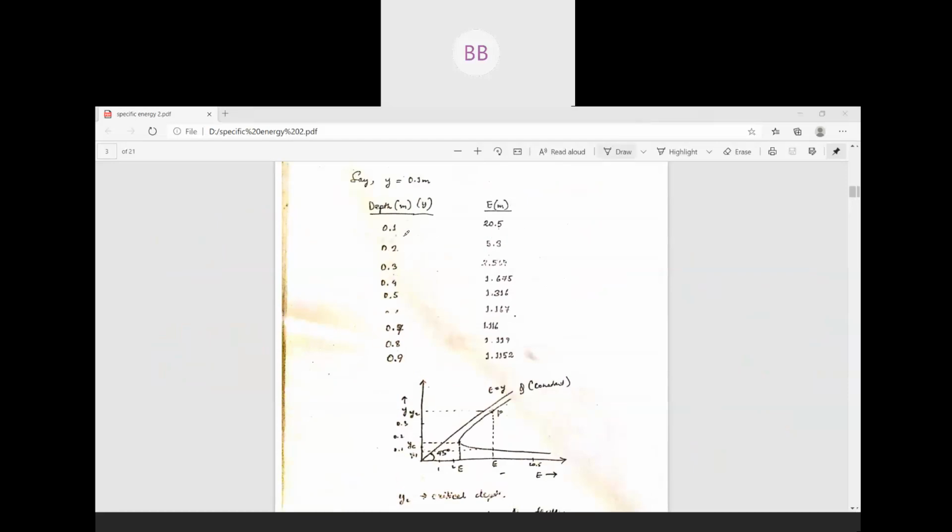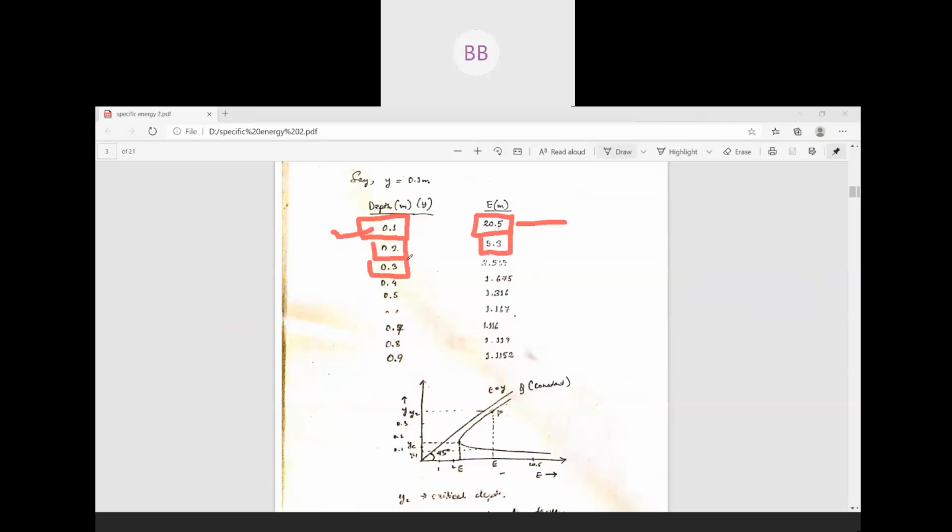What you are going to get when you draw the graph: when your depth is 0.1, that is your lowest value, your specific energy is maximum. Then you increase the depth of flow and your specific energy drastically reduces.